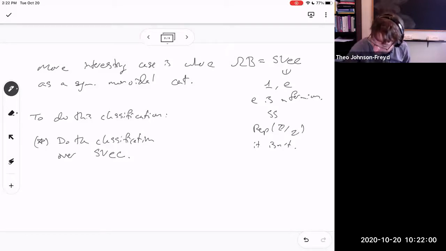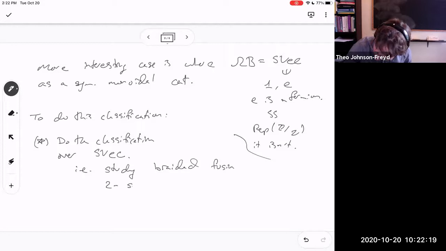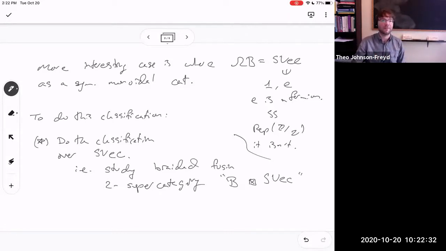So by this, I literally mean study the braided fusion 2-category that I will just write as B tensor SVEC, as a supercategory, whatever that means. And it's non-degenerate in the sense of super braided fusion 2-categories.